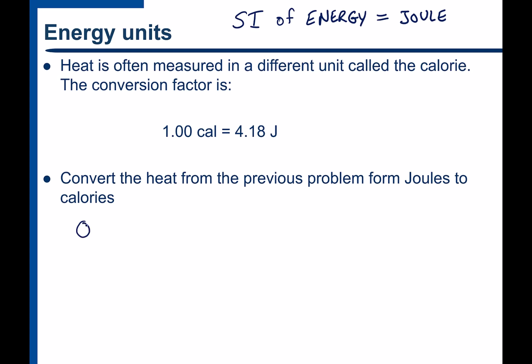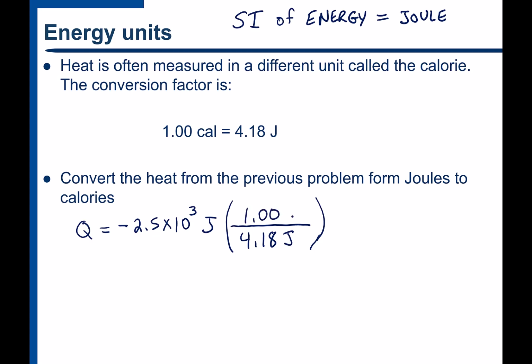So in our last problem, we were given that the heat was negative 2.5 times 10 to the 3rd joules. Remember, when we do a unit conversion, we're just going to put parentheses here, and we're going to take our conversion factor and stick it in there. We want to get rid of joules, so that's how we know that joules goes on the bottom and calories goes on the top.